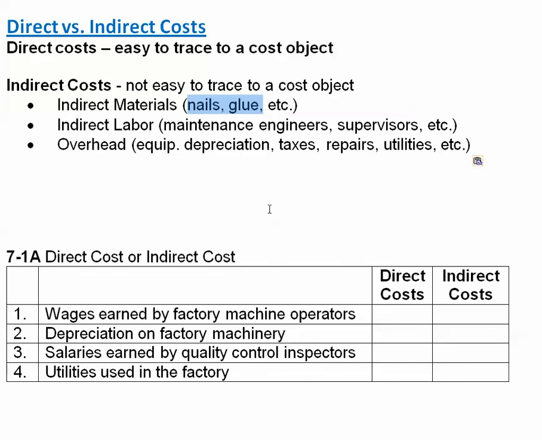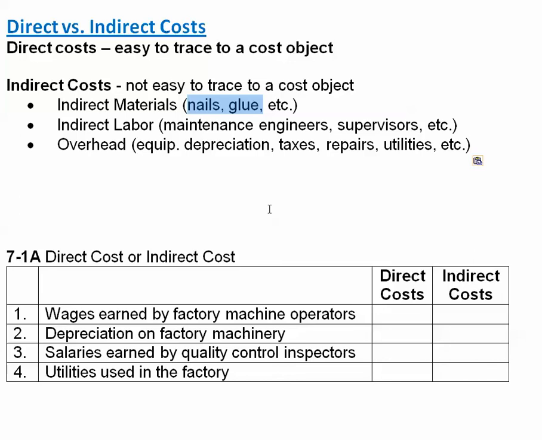Likewise, supervisors or managers or anybody that puts time into a cost object but also into other cost objects as well. Likewise, overhead. You've got equipment that is being used by many different cost objects, so you have to figure out how much should go to one specific cost object.